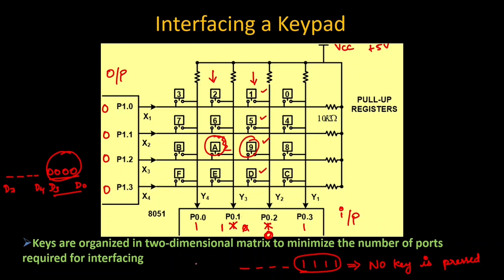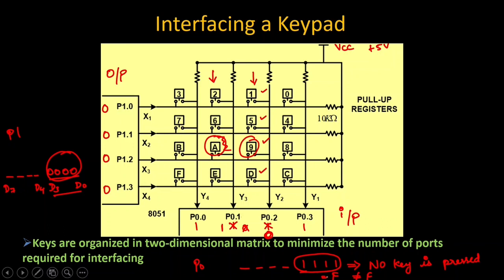So this is with respect to port 0 and this is with respect to port 1, right? In port 1, if I give the lower nibbles the value of 0 and no key is being pressed, whatever value I get here is going to be F. If any of the keys is pressed, it is not equal to F, right?